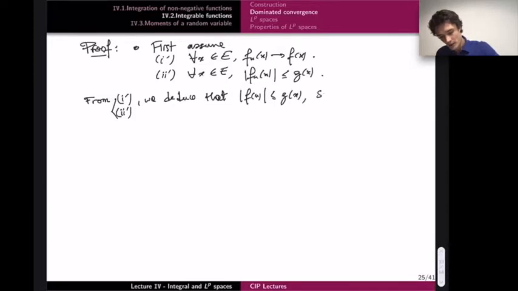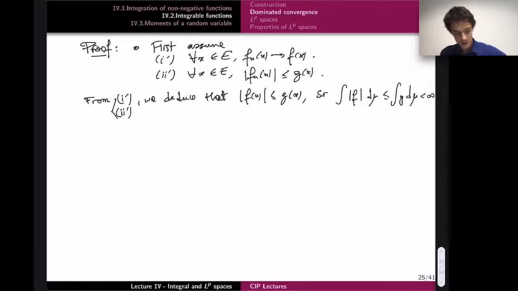So actually, the integral of f dμ is less than the integral of g dμ, which by assumption is finite. So we deduce that f is integrable.